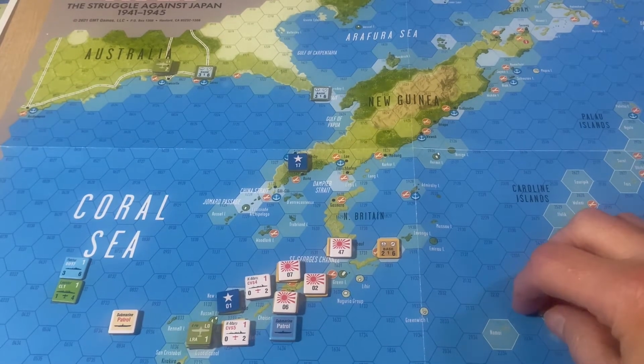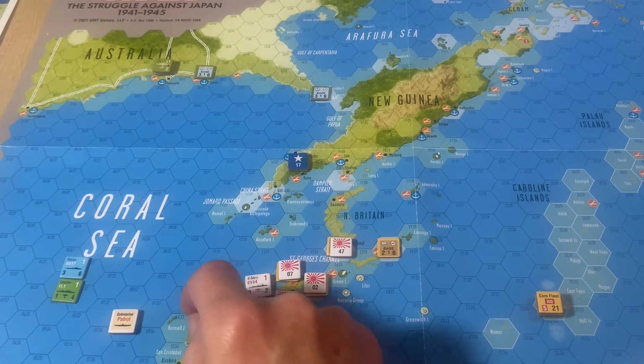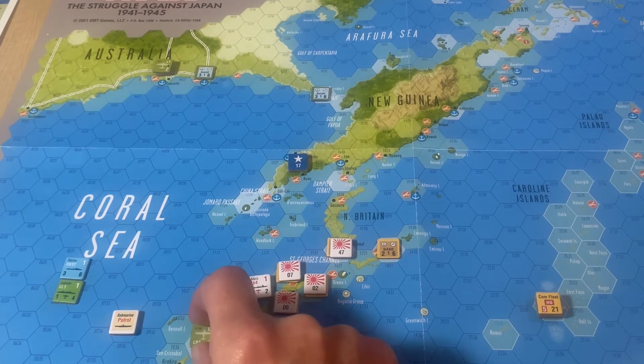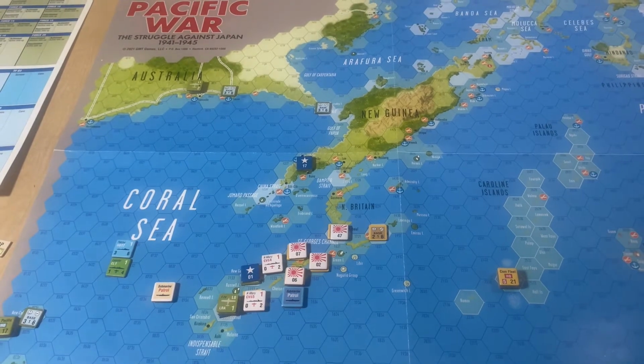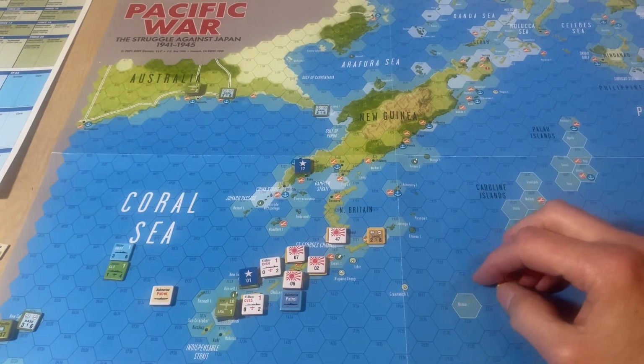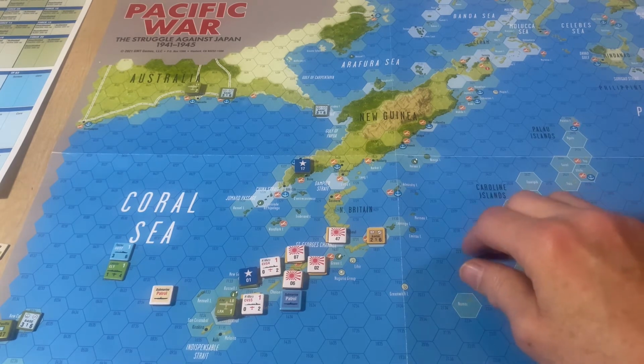Yeah, I forgot, strategic transport is strictly from port to port, a link port to link port. This does not count as a port, so I can't get some more air units into Guadalcanal. I could do that in air ferrying if I needed to at Battle Cycle, but for right now I can't really do anything.